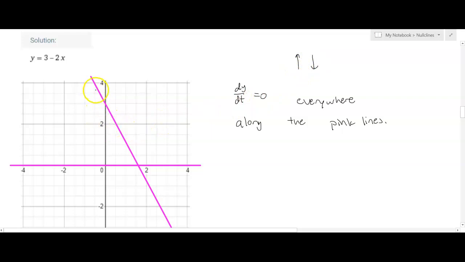But if the vectors on these lines have a 0 dy/dt component, that means everywhere along these lines, those vectors can only point left or right. Again, we're not going to worry about that detail right now, but that's an important thing to note. So along the pink lines, all vectors have only a horizontal component.